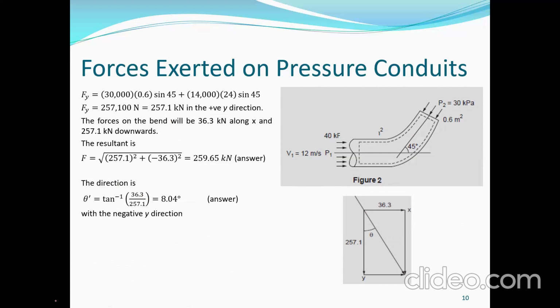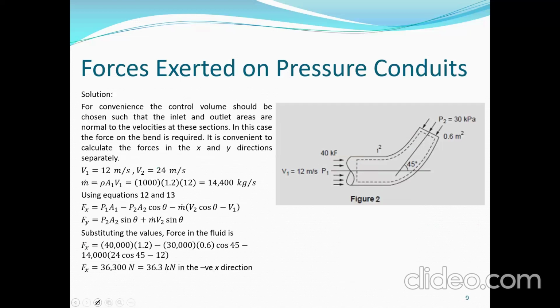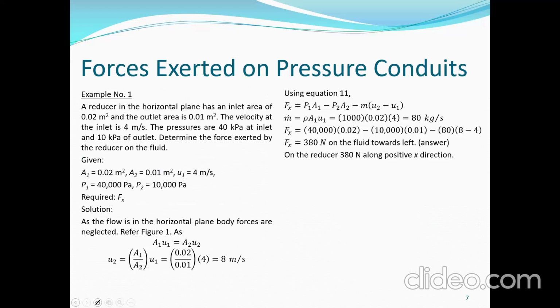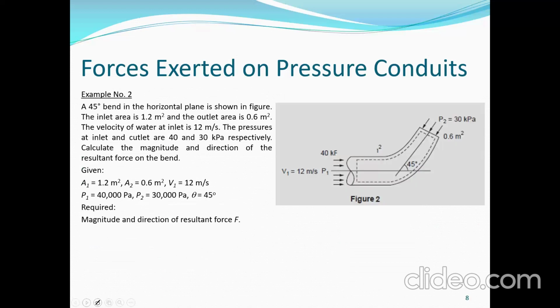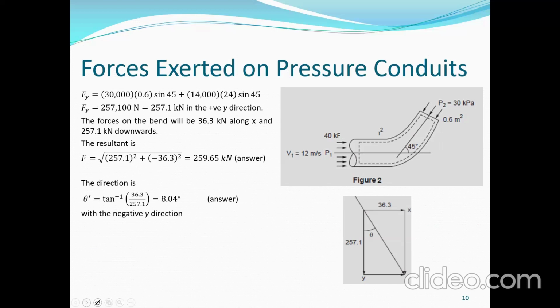So ang tanong kasi dito is calculate the magnitude and direction of the resultant force on the bend. So kaya babalik natin yung sign para maging sa bend siya. Pag itong positive, naging positive, sa computation is sa fluid. Pag ang required is sa bend, so i-negative mo siya. Kaya ito, 257.1 downward.